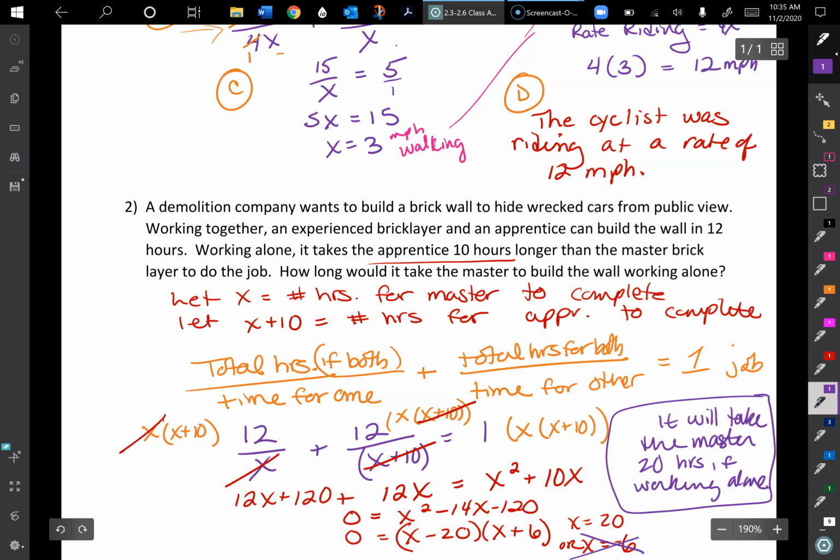And that kind of makes sense if you think about it, that with 12 hours being the times put together, it should take him longer than that to be working by himself.